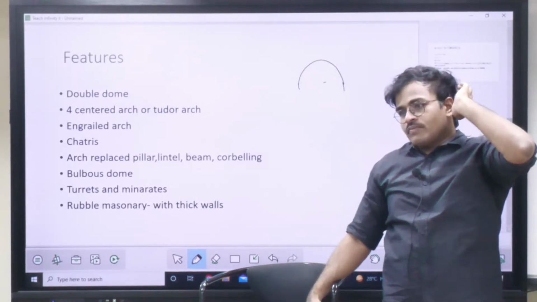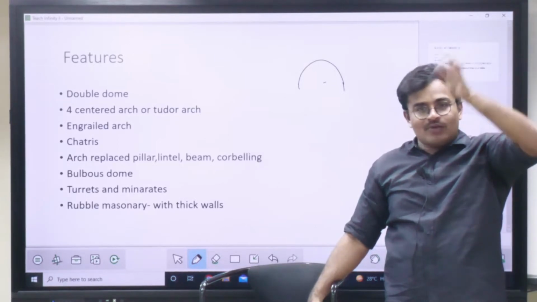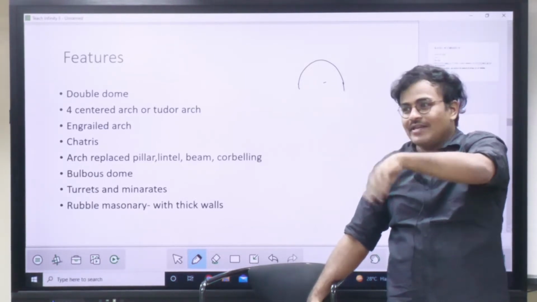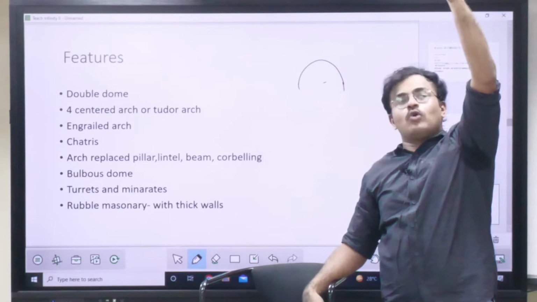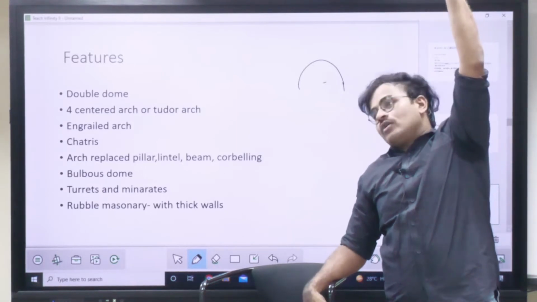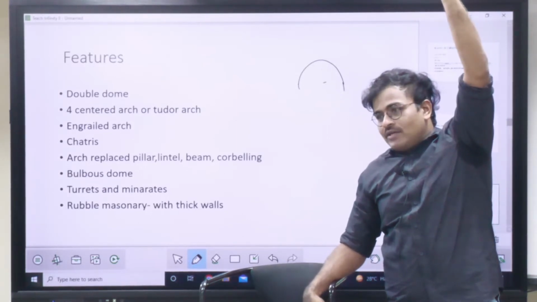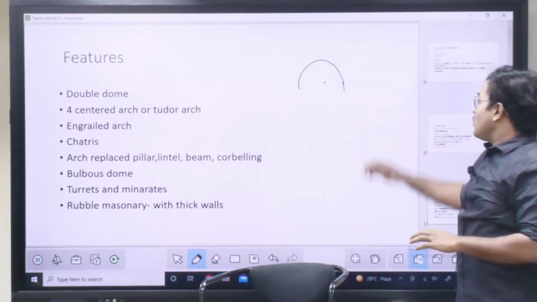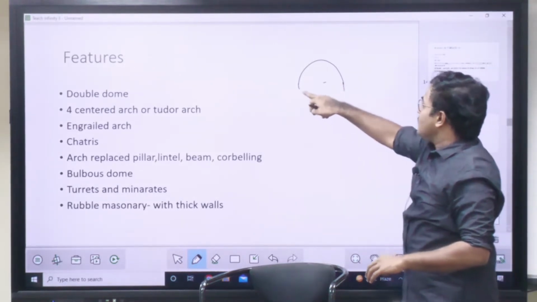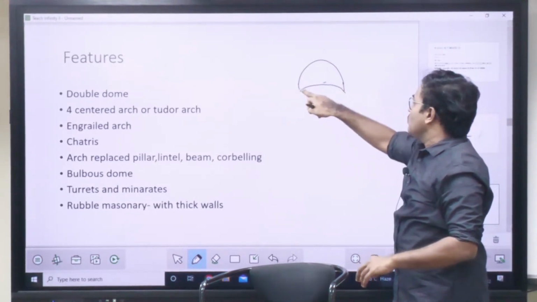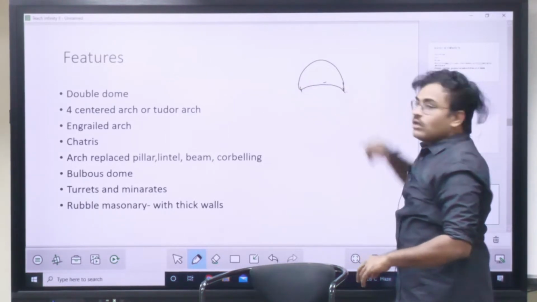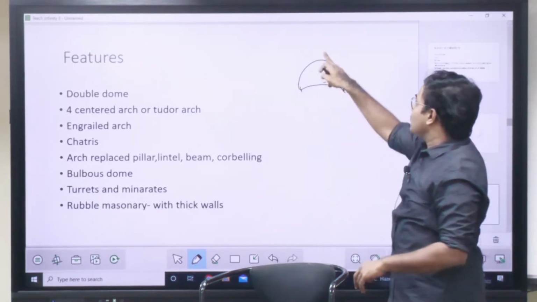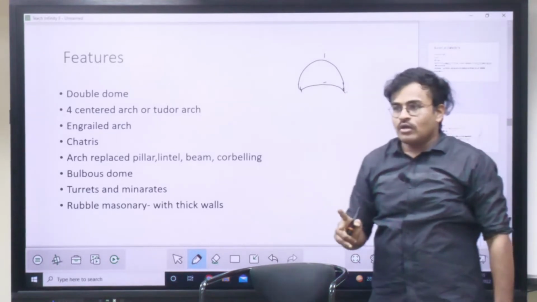Usually it doesn't. If you go in and see a big hole on top, with the ceiling somewhere higher up, naturally you will not like it. So in order to cover this empty space, they started constructing an inner dome. You're getting this? This system is known as the double doming system.